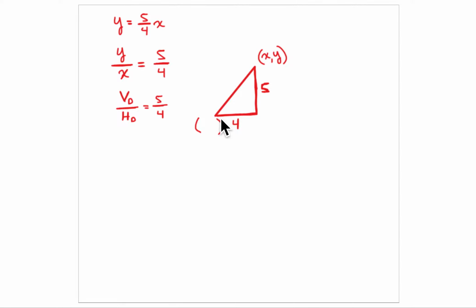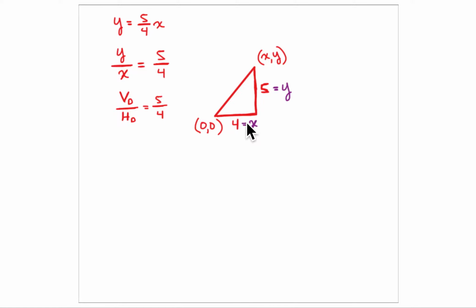So the vertical direction is 5, the horizontal direction is 4. And because this rests right against the origin at 0, 0, the coordinate 4 in the horizontal direction is the number of steps in the horizontal direction. You don't have to subtract. Remember, we used to have to subtract. If this slope triangle was shifted at all, we would have to subtract the number of units along the x direction to get it to 0.